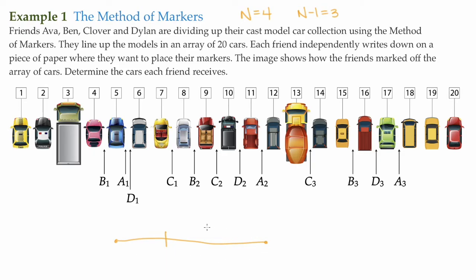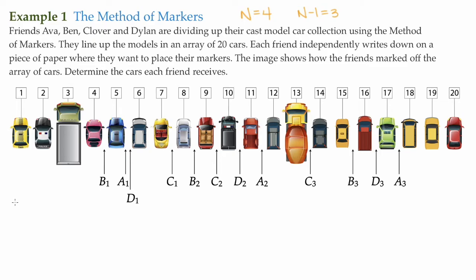If we wanted to cut the string into 3 divisions or 3 segments, we would make 2 slices. So that's the idea. So each player is going to make 3 slices, making 4 divisions that they would consider fair divisions.